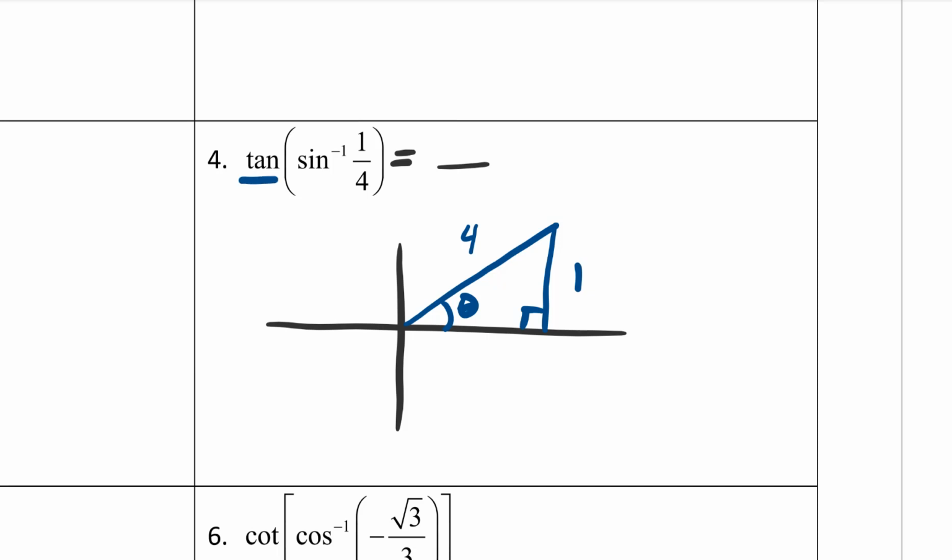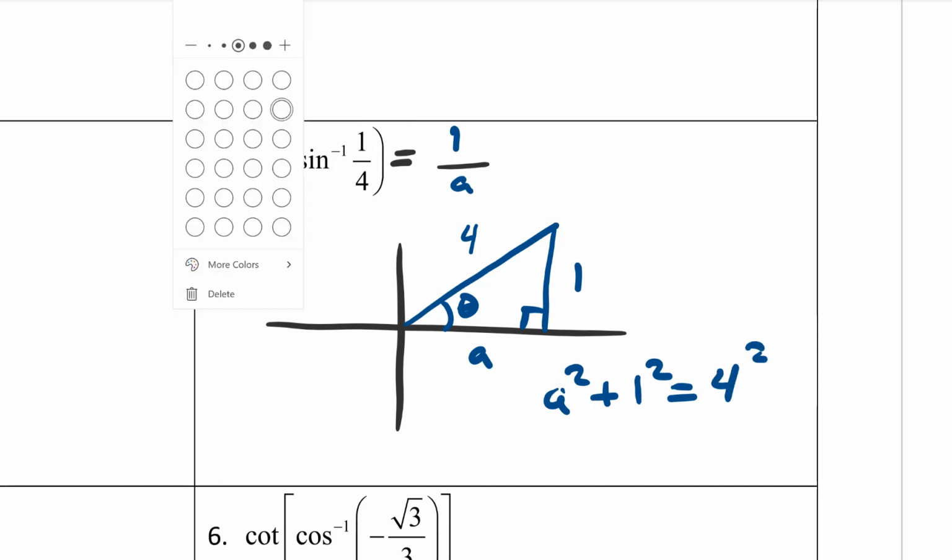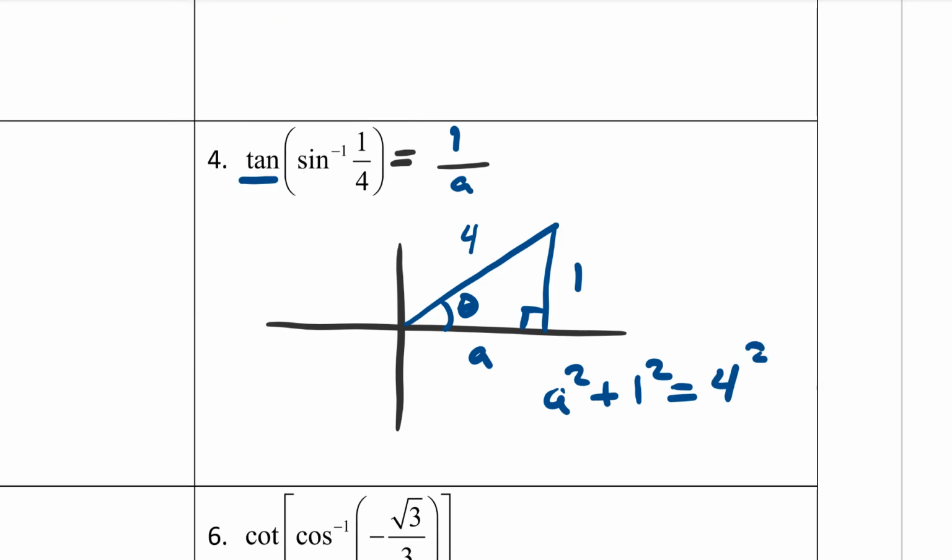Tangent is the opposite, 1, over the adjacent. Hey, just gotta solve for a. It's the Pythagorean theorem. A squared plus 1 squared is equal to 4 squared. A squared plus 1 is equal to 16. A squared is equal to 15. Therefore, a is equal to root 15.